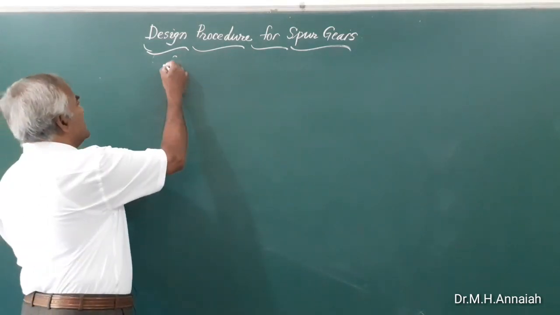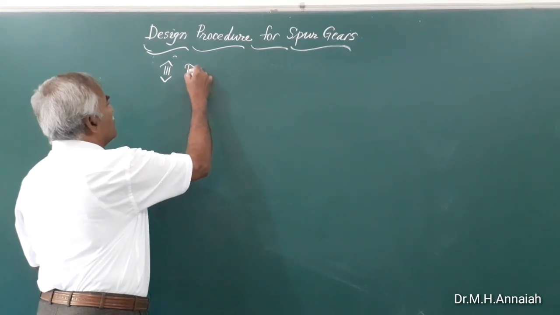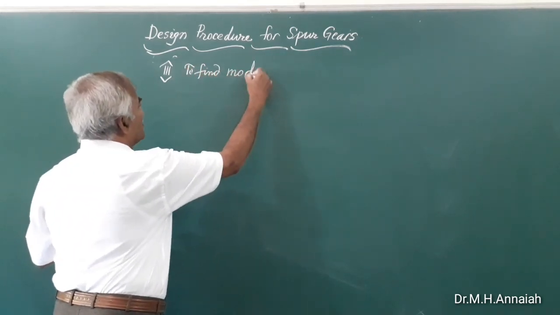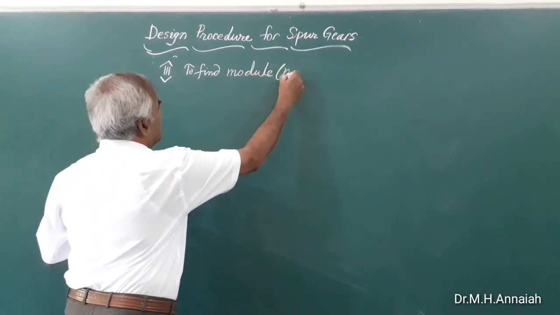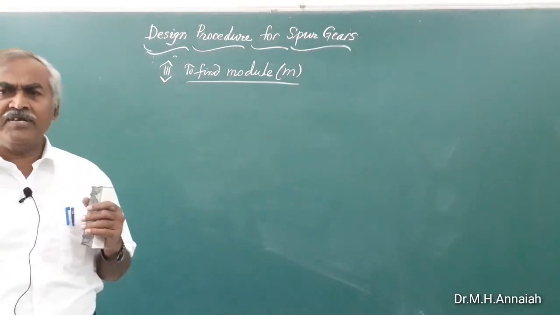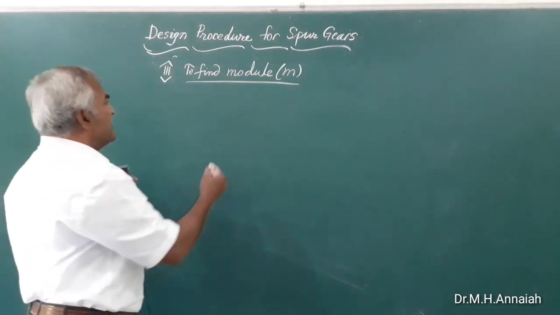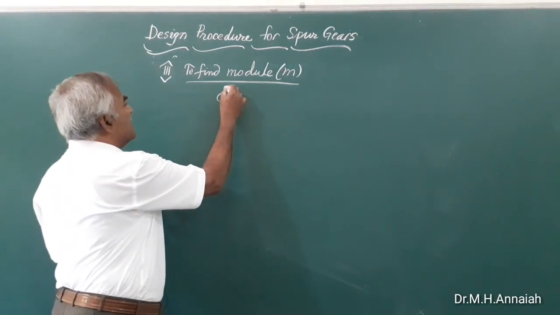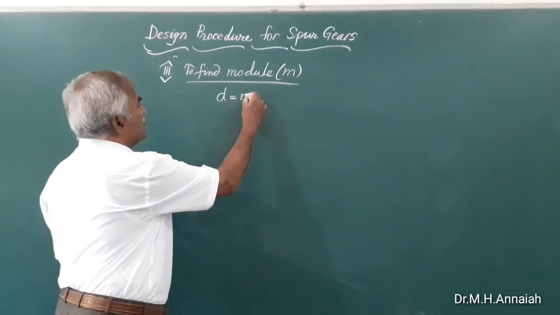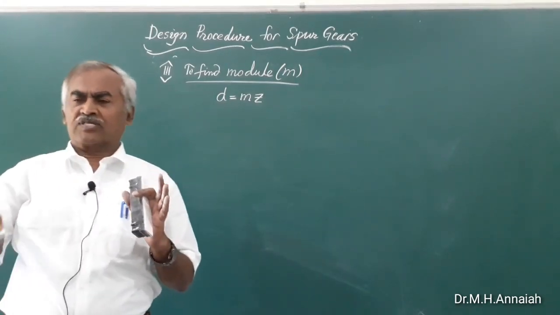Step number 3 is the procedure followed to find the module, and this module is denoted by m. What is module and how is it related to the number of teeth and the diameter? In general, the diameter of either pinion or gear is related to the module by this formula: D is equal to m into Z.